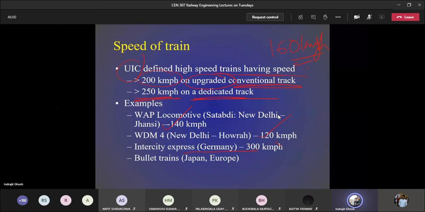Intercity Express Germany 300 km/h, bullet trains in Japan, Europe, and even some of the trains in Japan and China are in the range of 450 to 500 km/h. So you can see that we are lagging much behind in comparison to the outer world. We need newer technology so that we have a better train movement system for the passenger.